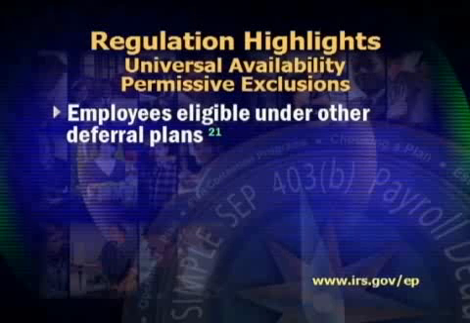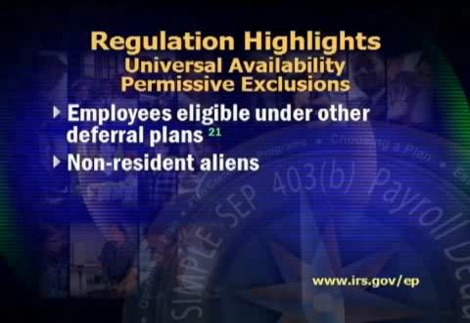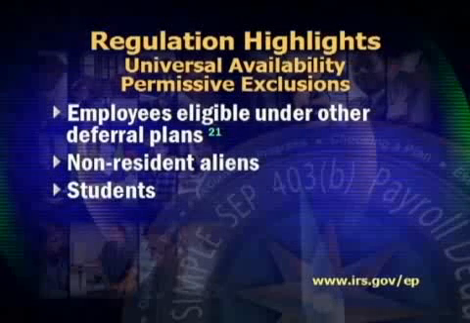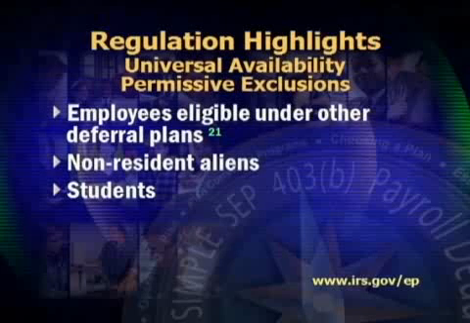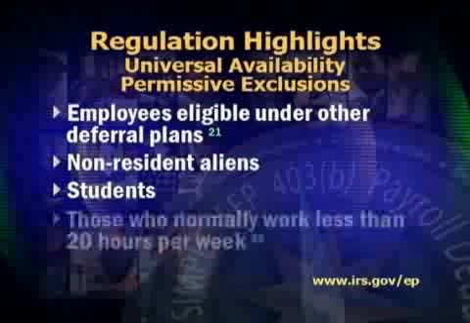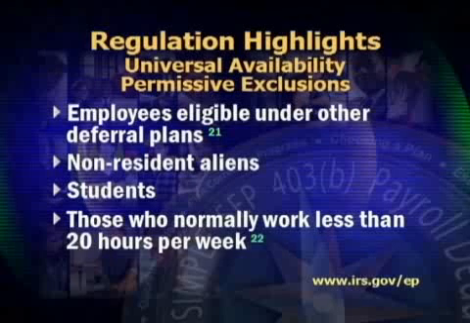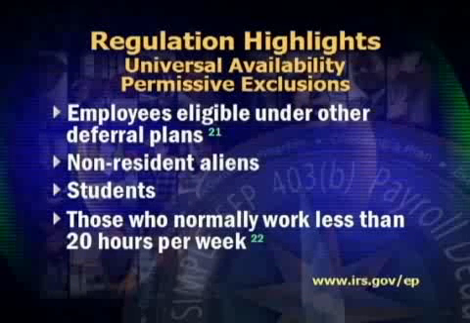Those employees can be excluded. Non-resident aliens can be excluded. Students could be excluded. And finally, the group that perhaps is the most major of the permissive exclusions are those individuals who ordinarily work less than 20 hours per week. Those individuals could also be excluded if they ordinarily work less than 20 hours per week.